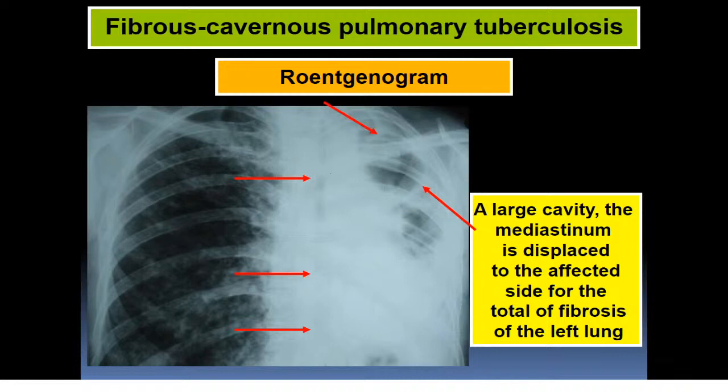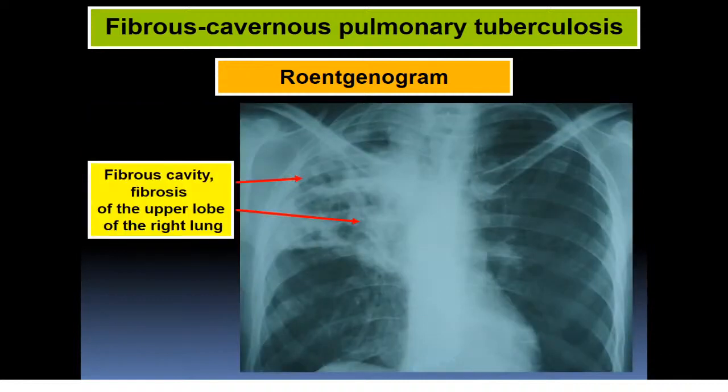Apex of the left lung decreases, shifts down as a result of fibrosis also.